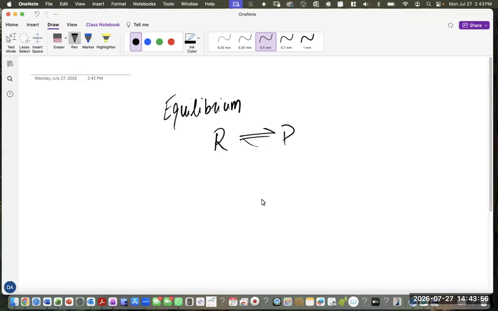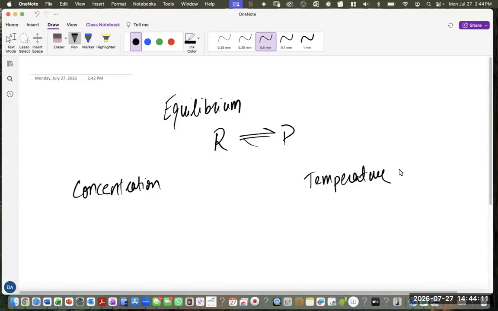Okay, so there are two things we're going to be discussing here. One is concentration, and the other one is temperature. These are the two factors which can affect the equilibrium, where the equilibrium lies in a reaction.